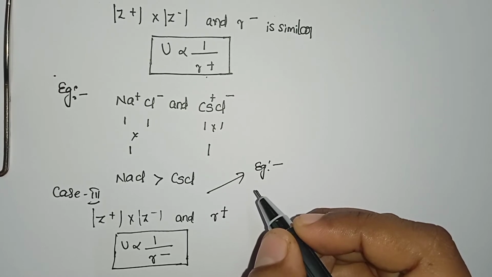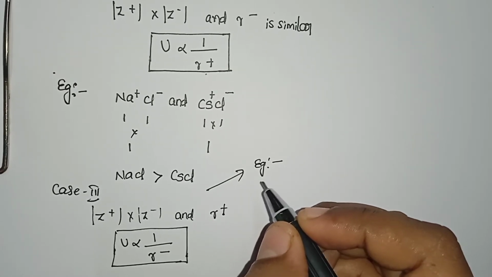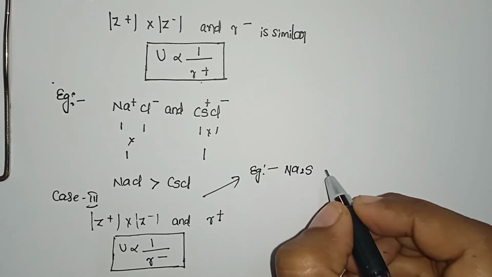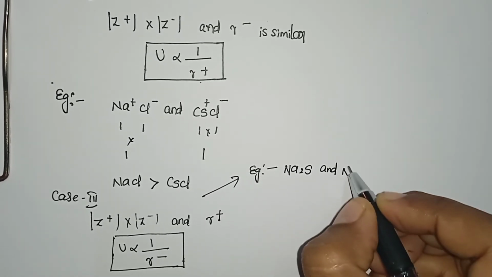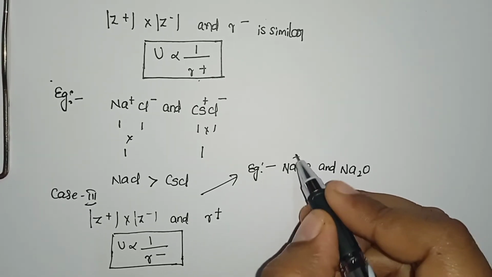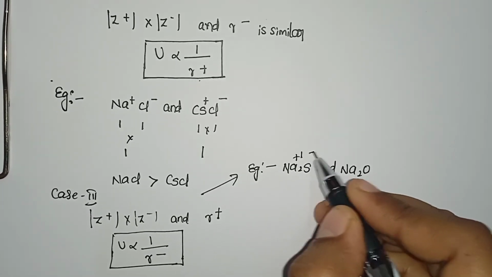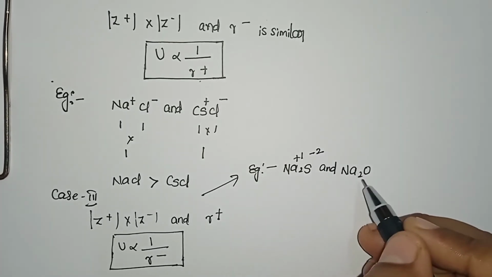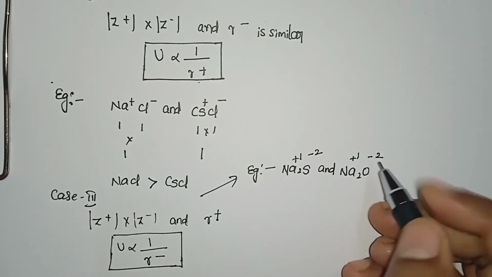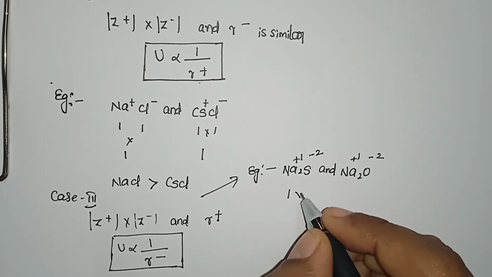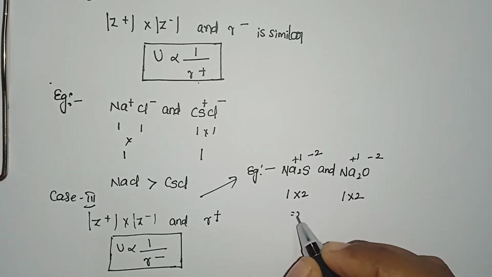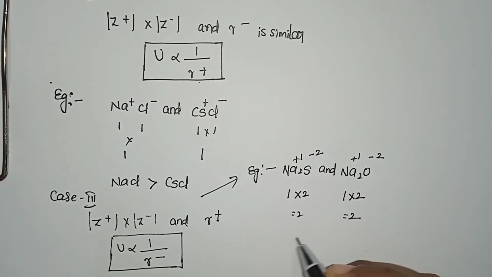The order of lattice energy for Na2S and Na2O. Na is plus 1, S minus 2; Na is plus 1, oxygen minus 2. 1 into 2, 1 into 2, so both are the same.